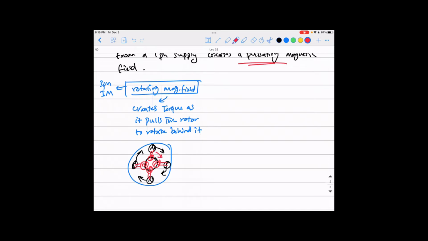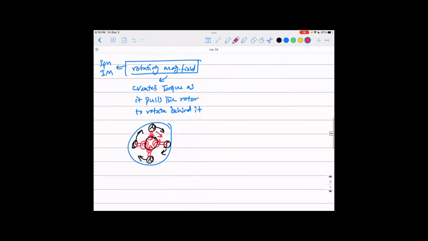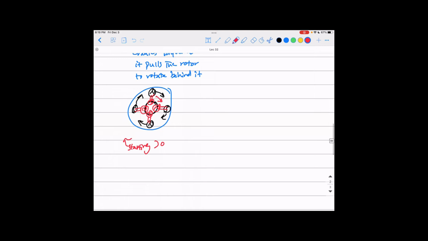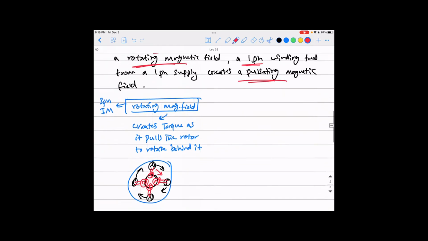And that's the whole point of how this machine can work. So the machine will have a starting torque higher than 0, and that means the machine is self-starting. Like we said before about the three-phase induction motor, the machine can start on its own.